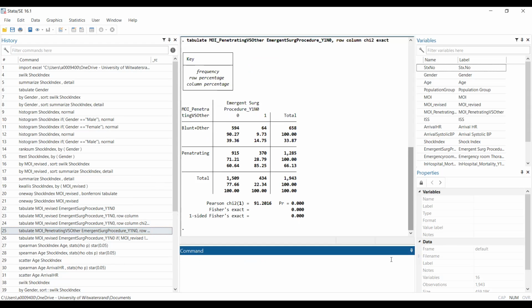We run the same statistic, and you now see we've got a 2x2 table, but we still have our entire patient population of 1,900. We won't use the one-sided Fisher's because that's if you had a power calculation up front in a clinical trial. So we are using this p-value here. It's 0.001. There's a statistically significant difference in the need for emergency surgical procedure in penetrating trauma compared to any other mechanism of injury.